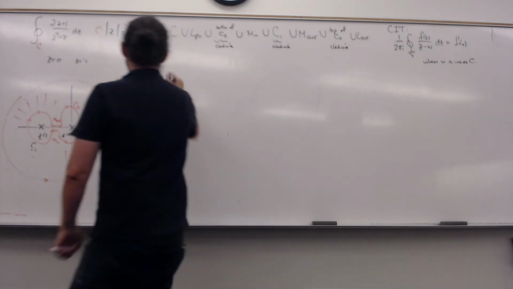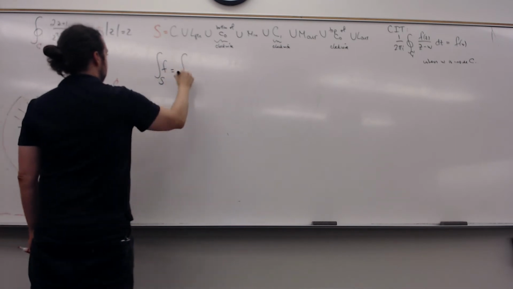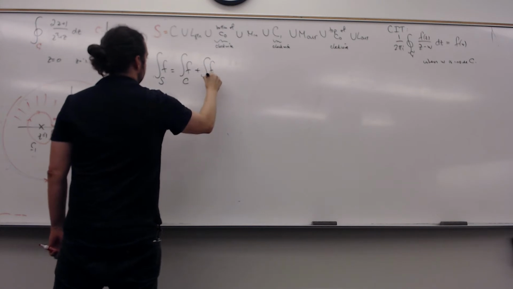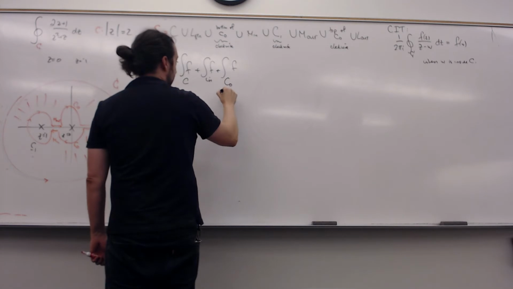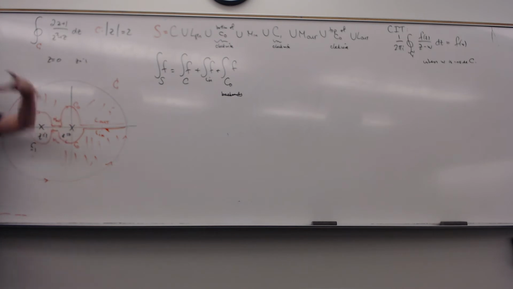So the claim is that the integral of f on S is equal to the integral of f on C plus the integral of f on L in plus the integral of f on all of C0 but backwards. I can do that because I did the bottom of C0 and the top of C0, so I can use integration theory to just say, well, if I've got two pieces, I can stick them together and do one contour instead. I have this piece and this piece. Who cares when I did it? All together, I went all the way around.